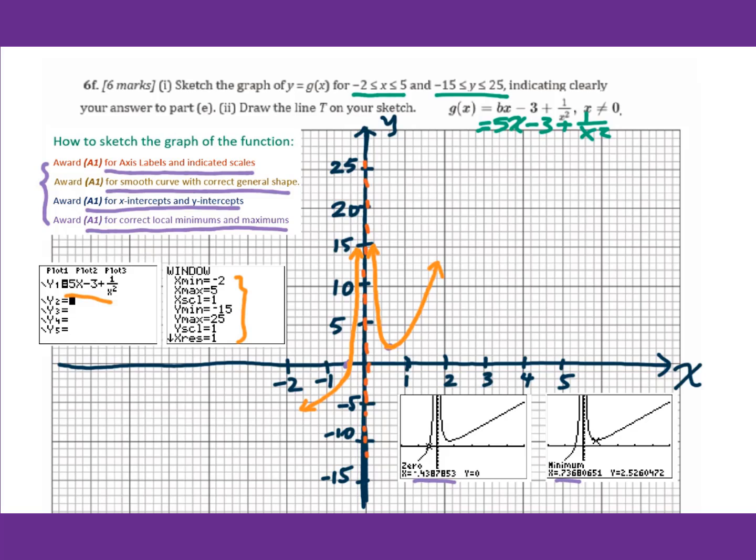Now let's sketch this line t. You will get y equals 3x. So find (1, 3) here. The y-intercept will be (0, 0). So you will get (0, 0) and (1, 3). Then connect these 2 points.